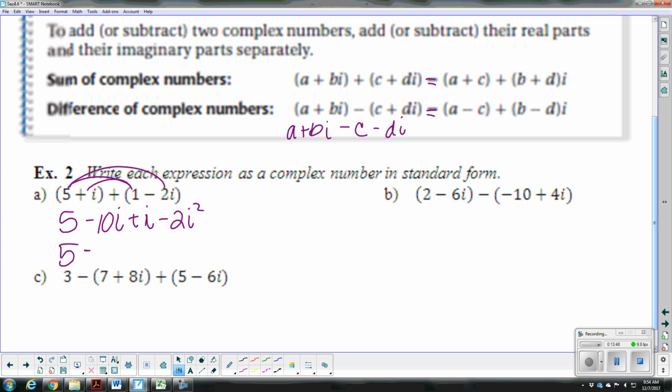So I'm just going to rewrite it 5 minus 10i plus i minus 2i squared is minus 2 times -1, which is adding 2.